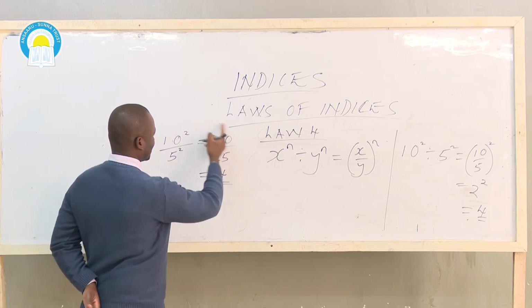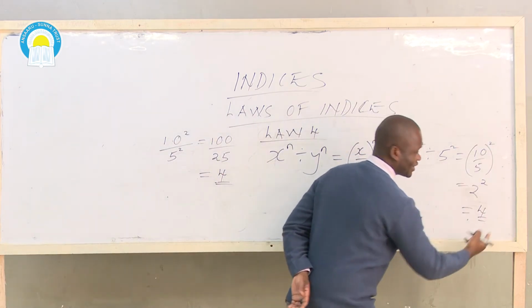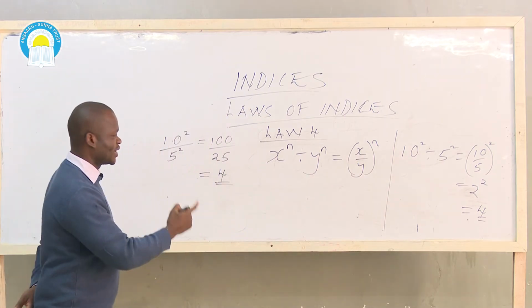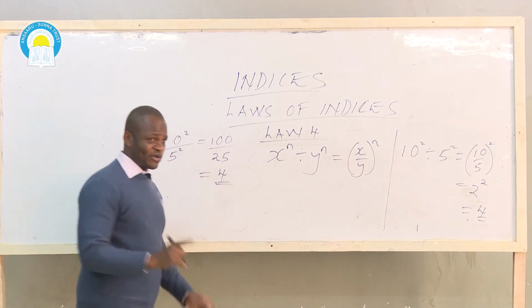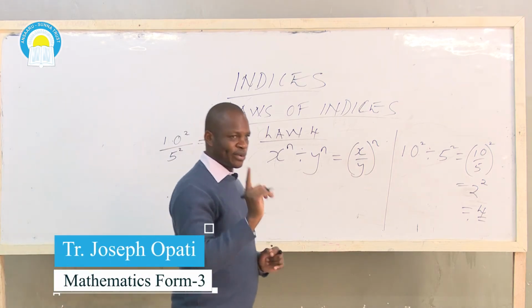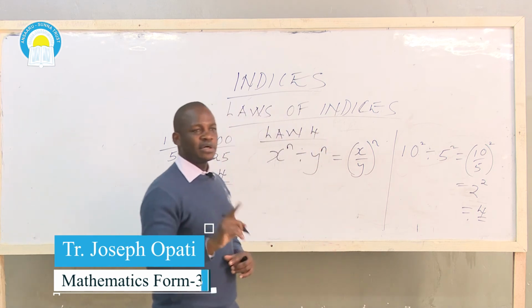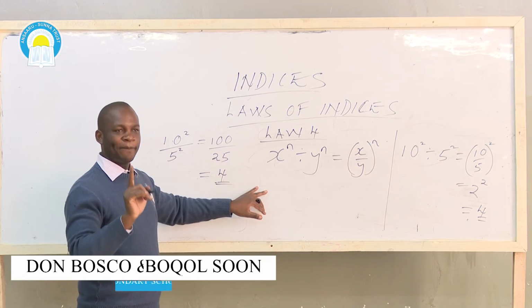So here, just using normal division, and here, applying the law of division having the same power. So far we've seen how many laws? 4 laws. Which was the first law? The law of multiplication having the same bases.